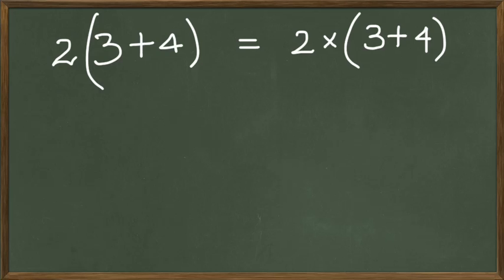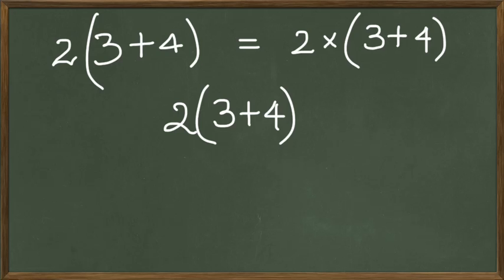We can remove the brackets, and this particular process is called the distributive law. You take the number outside of the bracket, and we multiply it with each of the terms inside the bracket.